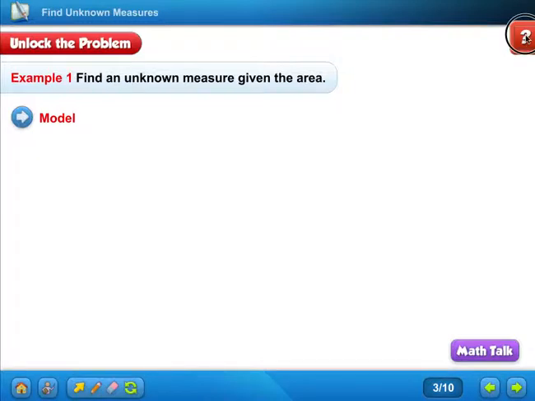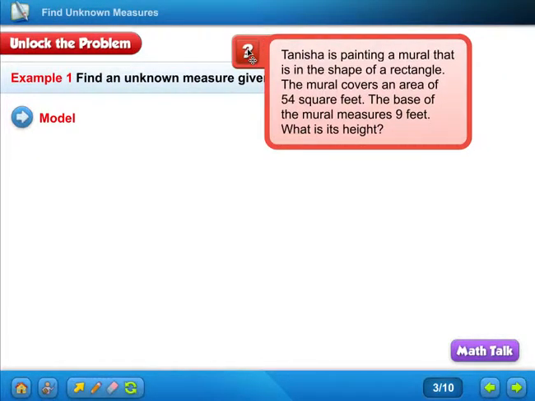Example 1 says, Tanisha is painting a mural that is in the shape of a rectangle. The mural covers an area of 54 square feet. The base of the mural measures 9 feet. What is the height?